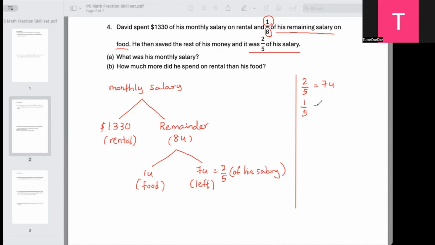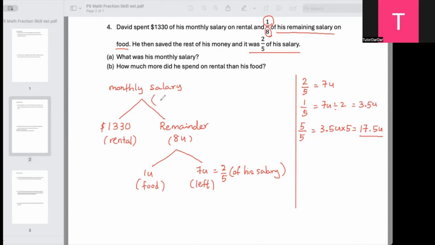To find 1/5, we have to do 7U divided by 2, which will give you 3.5U. So now we will be finding 5/5 equal to 3.5U multiplied by 5, which will give you 17.5 units.